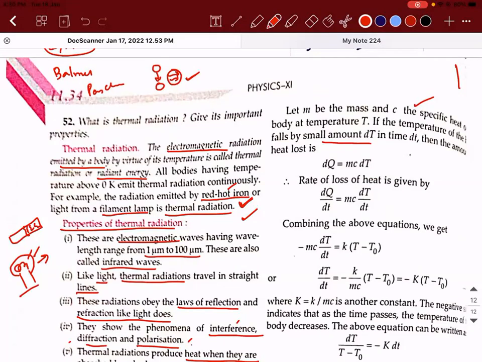Then the amount of heat loss is going to be something like this. What is specific heat? C is equal to dq divided by m into dT, which implies dq will be equal to mc into dT.